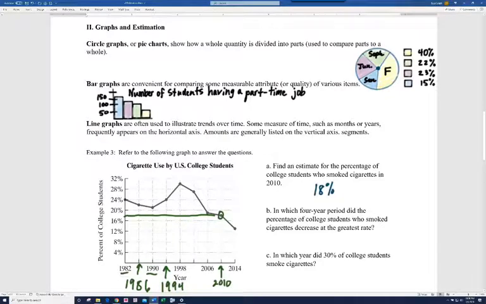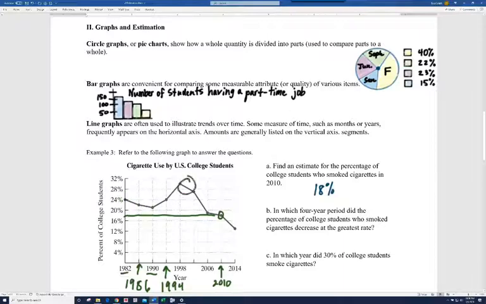In part B, it says, in which 4-year period did the percentage of college students who smoked cigarettes decrease at the greatest rate or the fastest rate? So you can certainly see it's going down here. And notice that is a 4-year period, and that's what we're looking at, 4-year periods, and it's decreasing here as well.